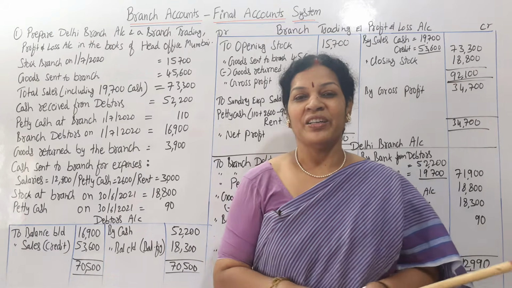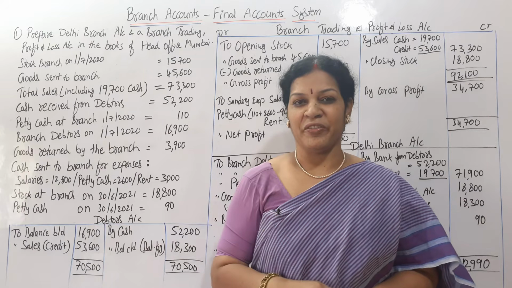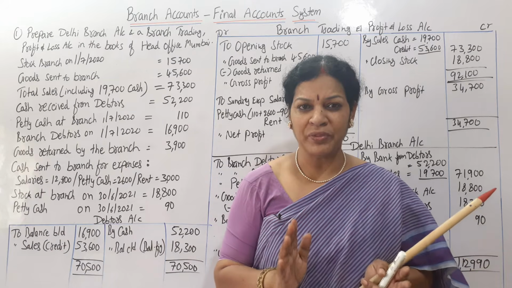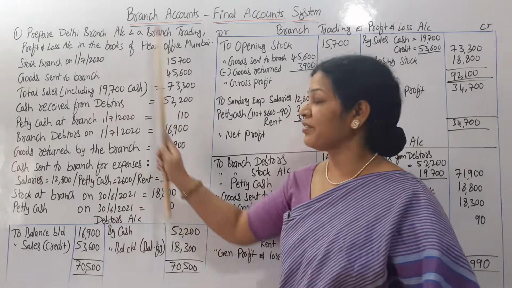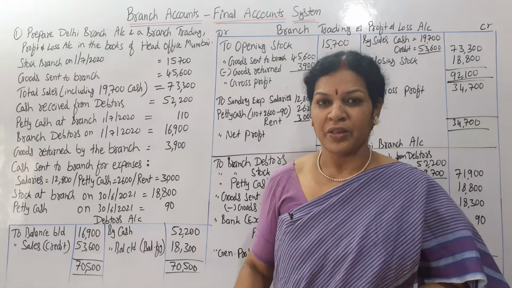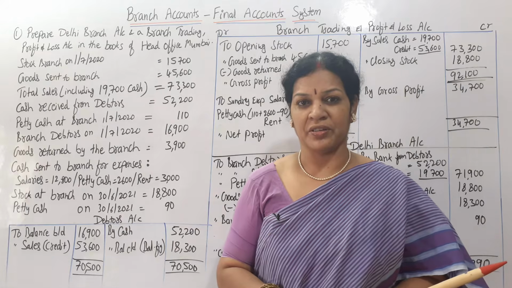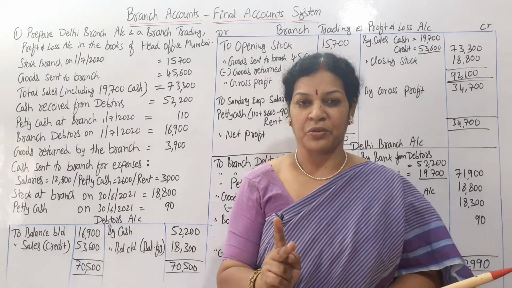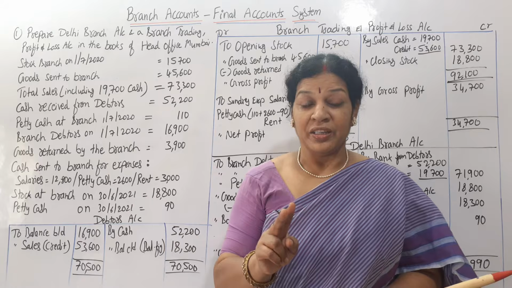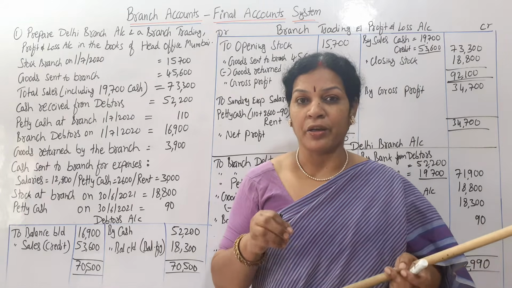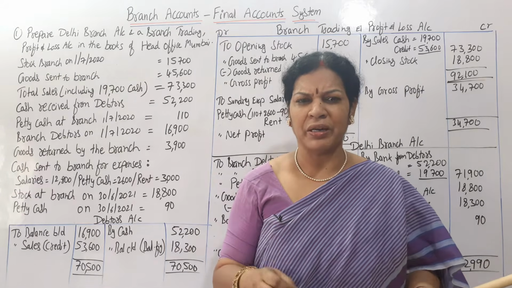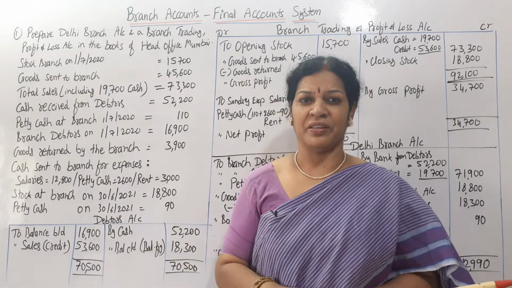Right. Now we'll enter into the second method, final accounts method. Problem is given like this. First of all, you have to prepare the trading and profit and loss account, then after that the branch account. If you are perfect and thorough, with very good command, you can open them simultaneously.